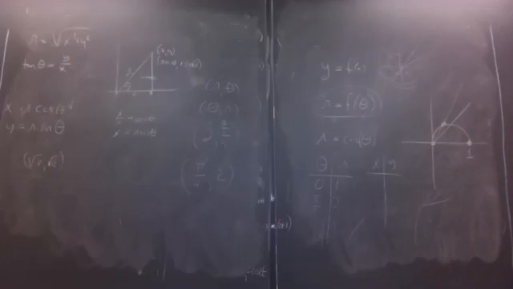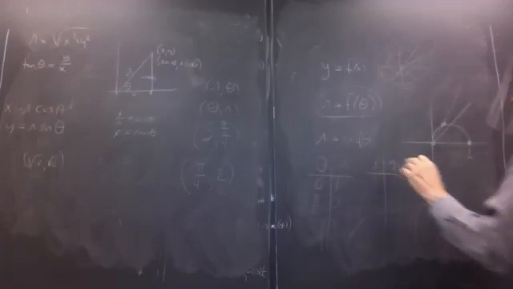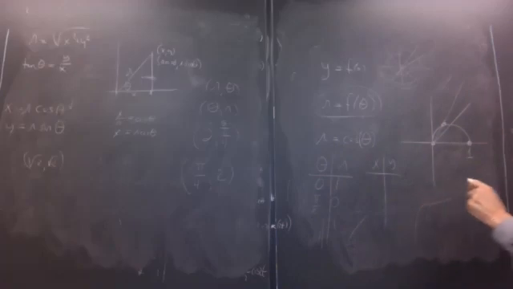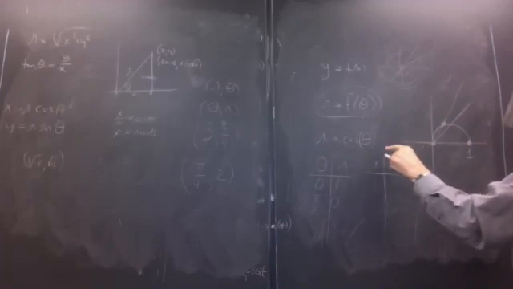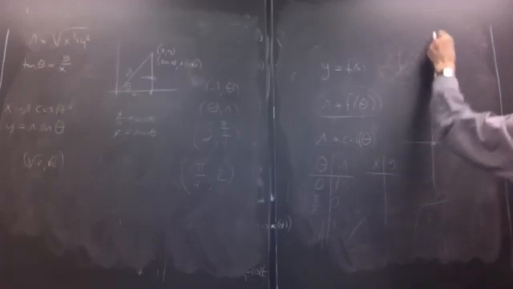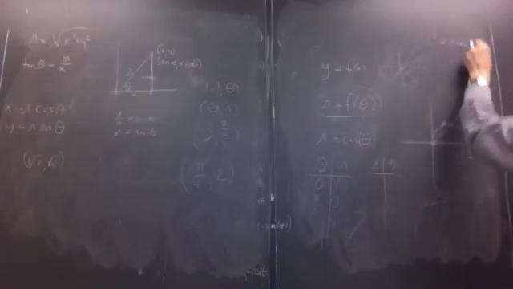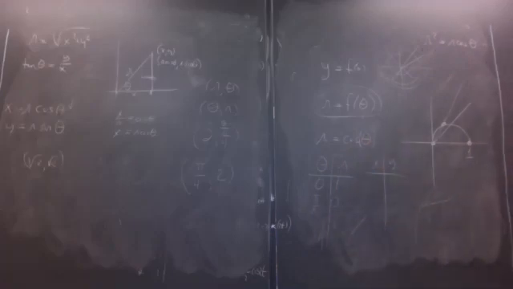Now, I have just enough time to say, well, suppose that instead of that, is there anything I can do here? Like if I would make r squared equal r cosine theta by multiplying by r, okay?